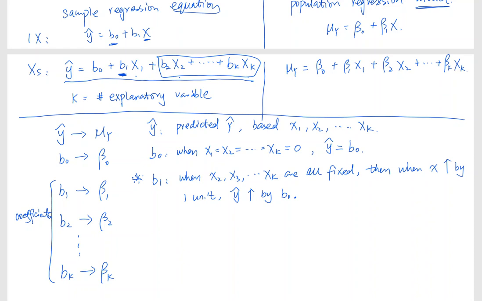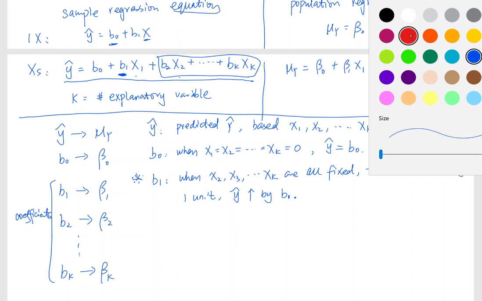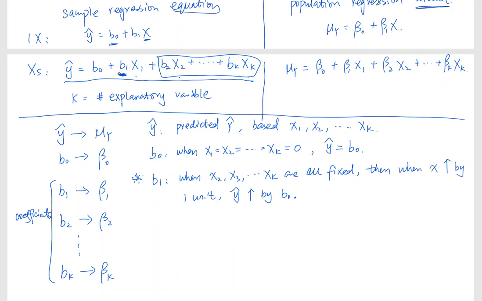So got the idea? When you interpret the coefficients in multiple regression, the idea is the same, but before you interpret like a slope, you need to specify the condition. We need to make sure all of these terms are fixed.